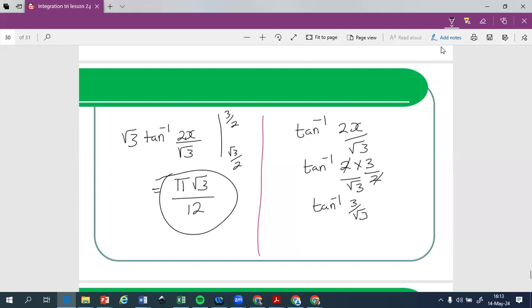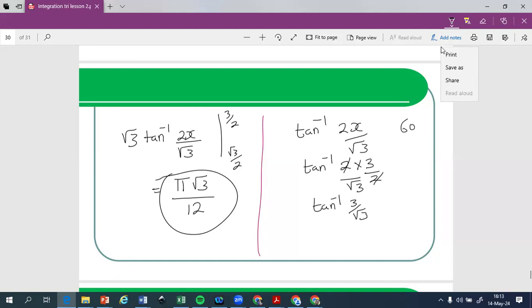Now, since you are dealing with angles, what you do is place on your calculator 3 divided by root of 3, and you place tan inverse of that. You are going to get your answer as 60.